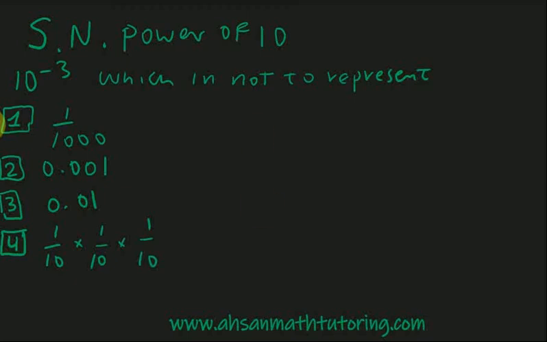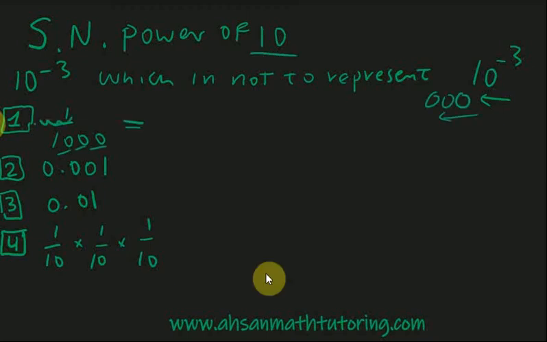So which one represents 10 to the power of negative 3? To say 10 to the power negative 3, you go to the left for 3 units, right? You go to the left for 3 units.